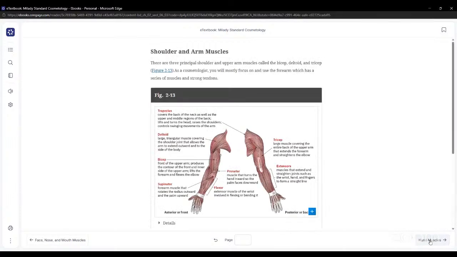Looking at shoulder and arm muscles, of course, the trapezius is the muscle of the back. It's the largest muscle of the back. It covers the entire span of the back. Then you have your deltoid that comes across the shoulder, your bicep, which is mostly what we use to bring muscles together. Your supinator and flexor are in your lower arms.